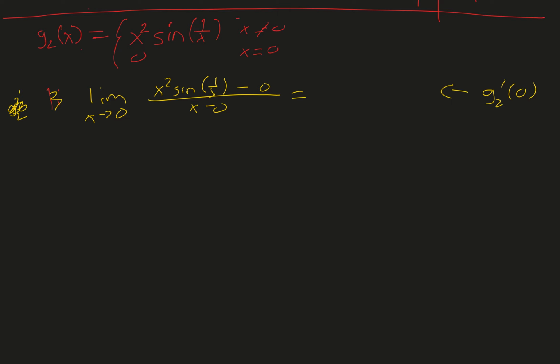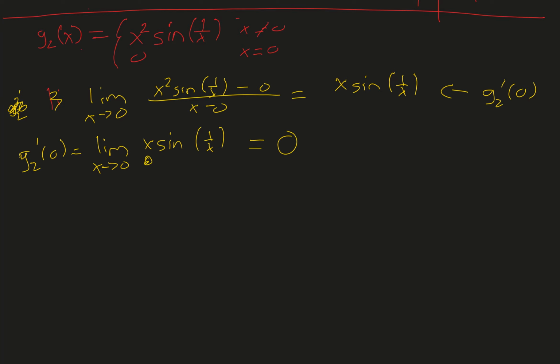So this simplifies to x sin(1/x), and now the limit as x approaches 0 of x sin(1/x). Again, this is g2 prime of 0. This limit exists, as when we substitute 0 for x over here, we simply get 0.